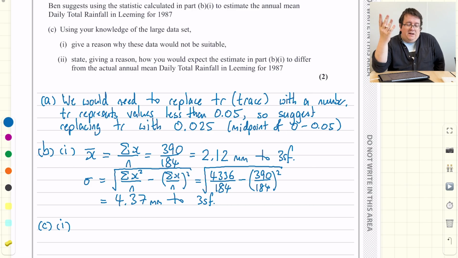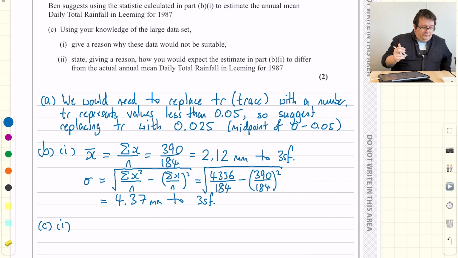So the large data set for Edexcel, the data is from May to October, okay? And so what we're suggesting here is that we use the mean from May to October to represent the mean for the annual, the whole year, okay? Which seems a bit dubious because you're cutting out all the winter months, right?